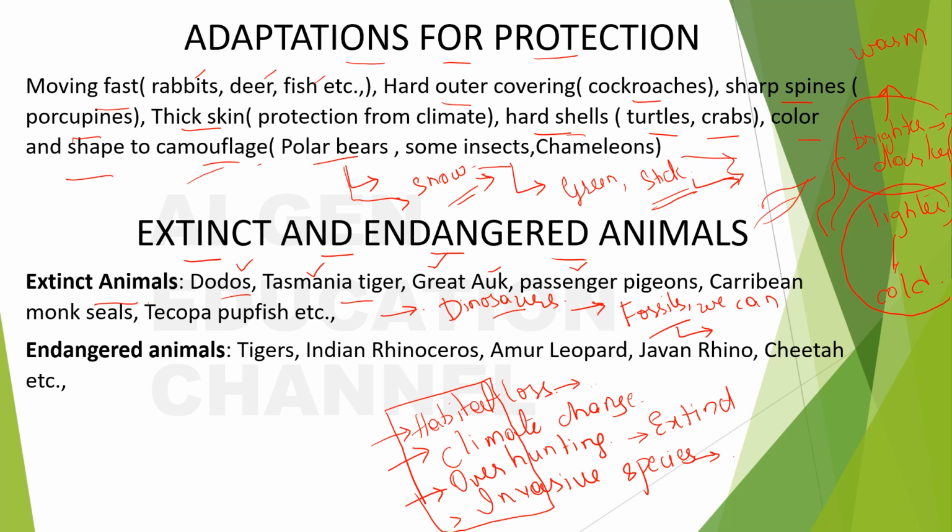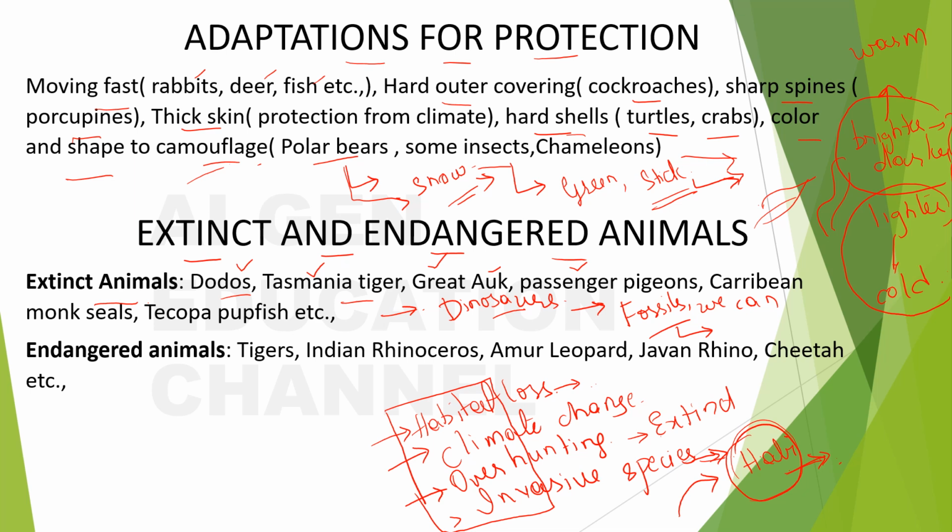Okay, it's a bit difficult for you kids to understand, but just think that some outer foreign element comes into the habitat of the organism or of the animal, and it will destroy this animal. That is the concept of invasive species. You can learn about it later in the higher classes. Okay, so this is about extinct animals.